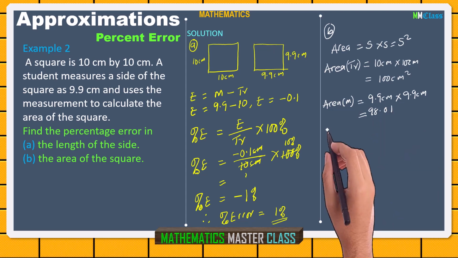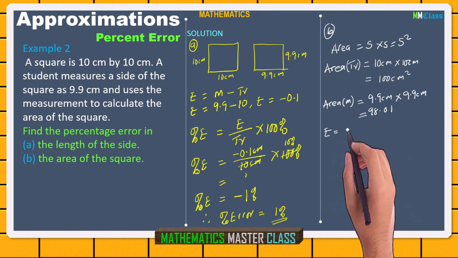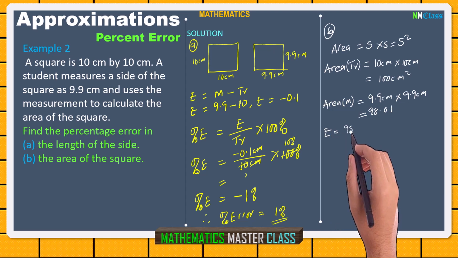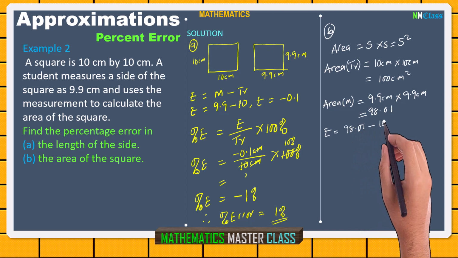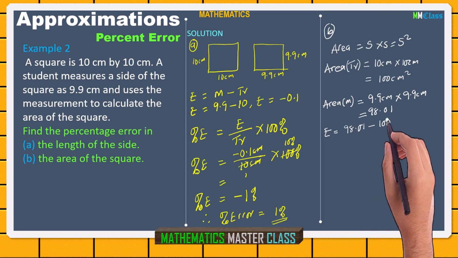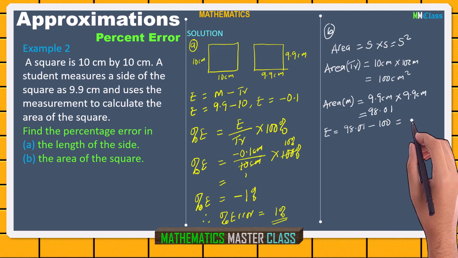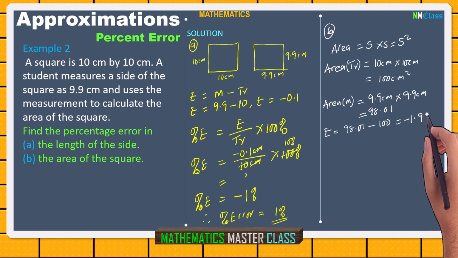So the error this time will be equal to 98.01 minus 100. Remember, they are centimeter square, so they will later cancel out. So our error is equal to minus 1.99.